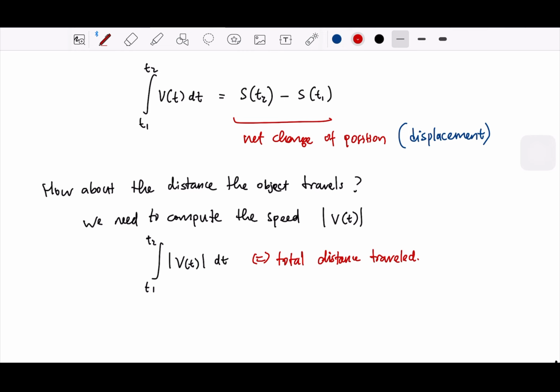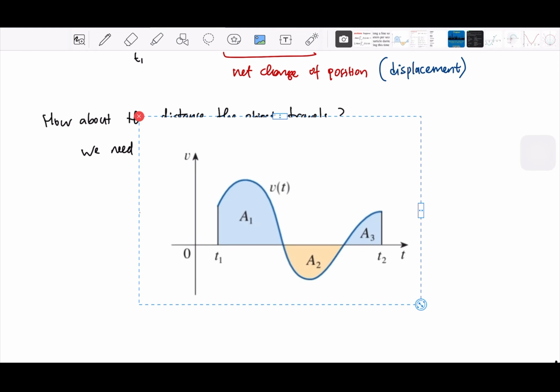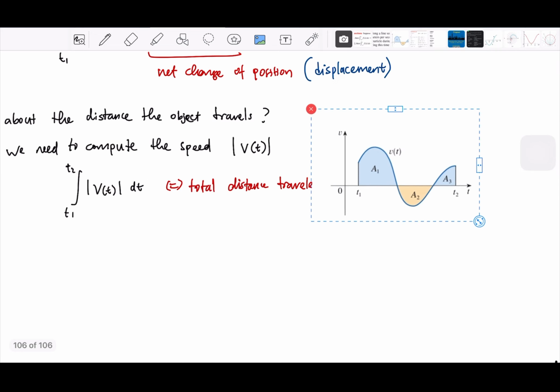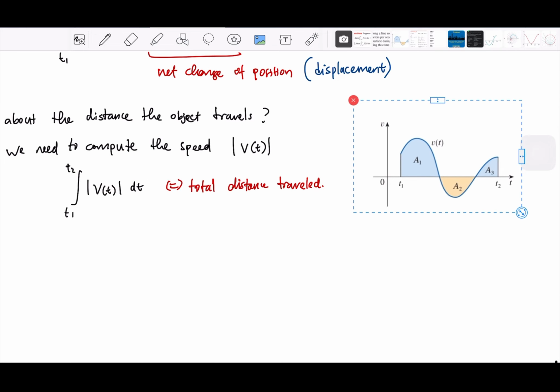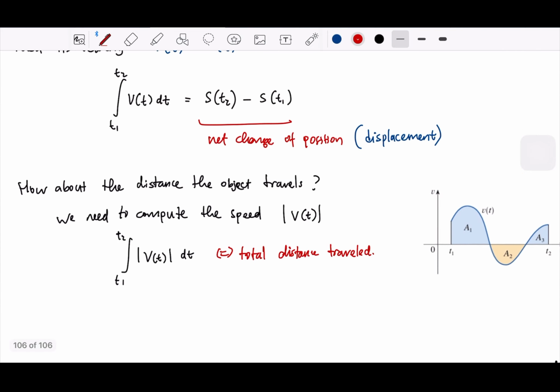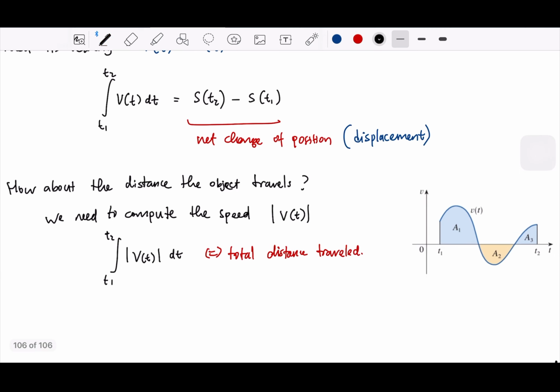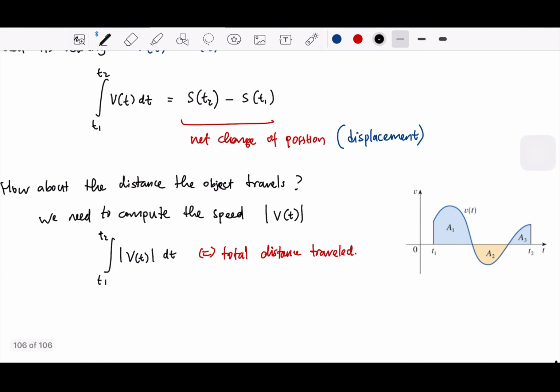If we have a curve like this, this is just an illustration. So your area will have A1, A2, and A3. A2 is under the x-axis, which if we calculate, will be negative, right?